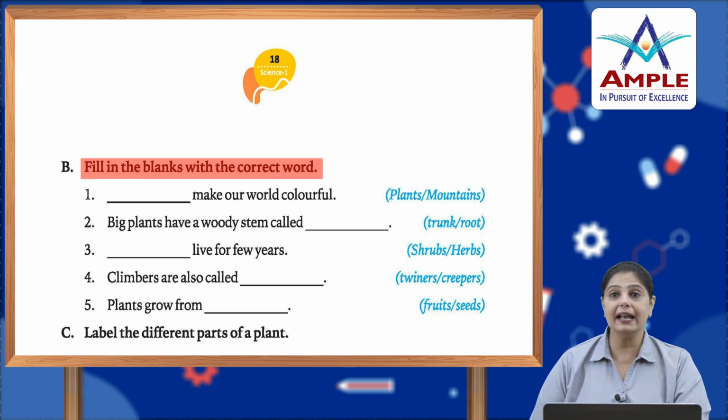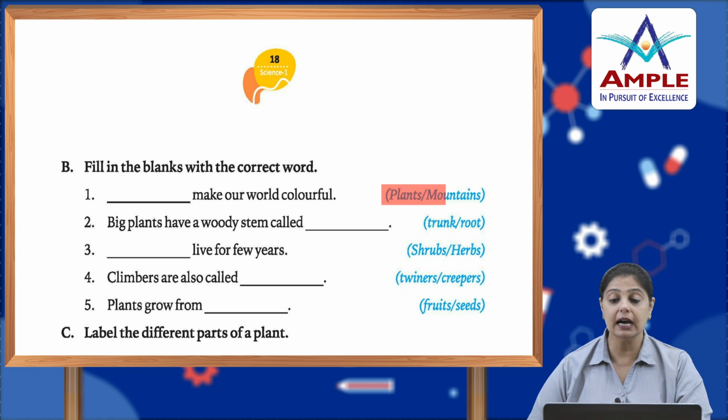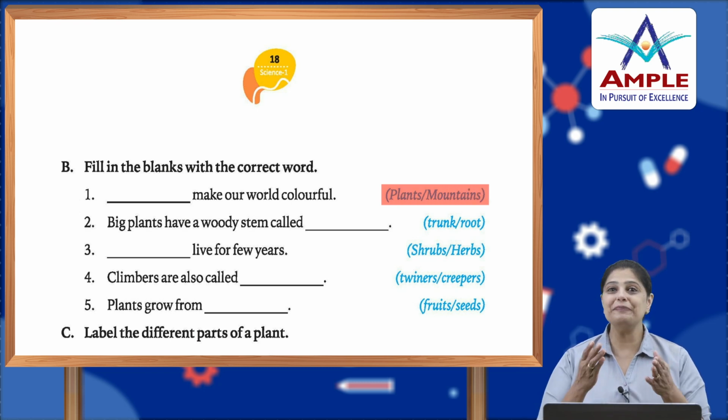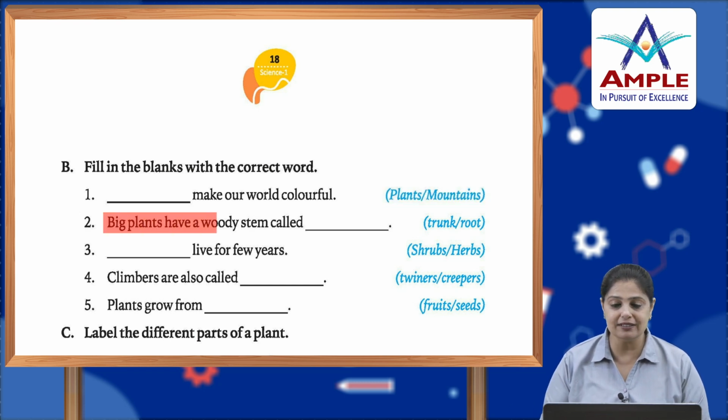Now, fill in the blanks with the correct word, okay. Dash makes our world colorful. Plants, absolutely right, because plants are of different colors, okay. Some are green, some are red, they have flowers on them which are of different colors, okay.